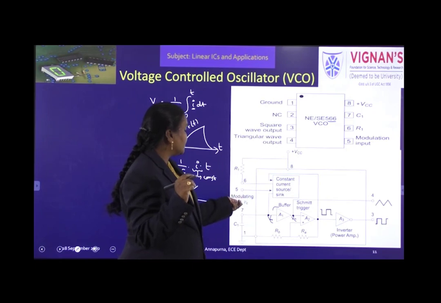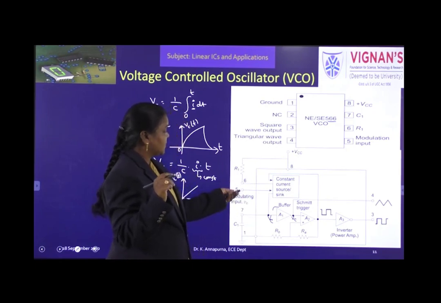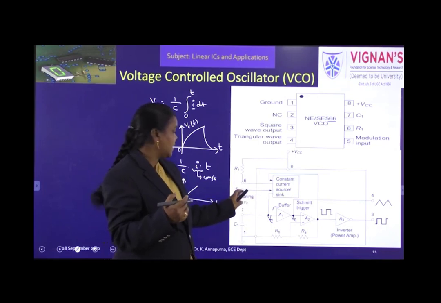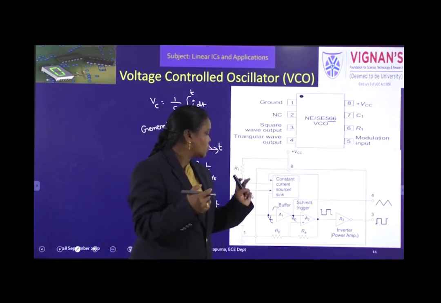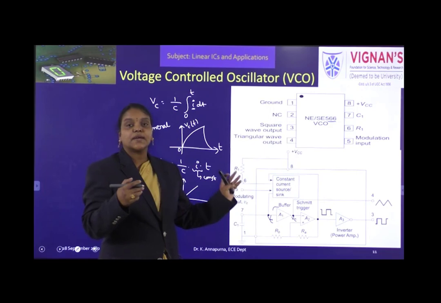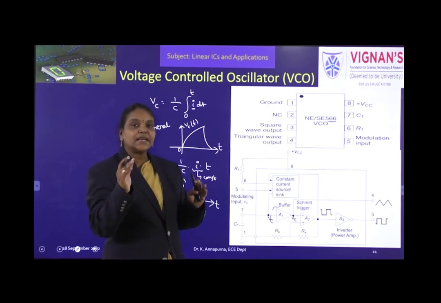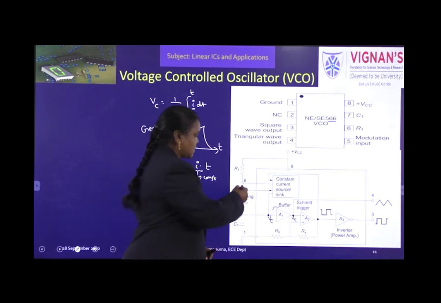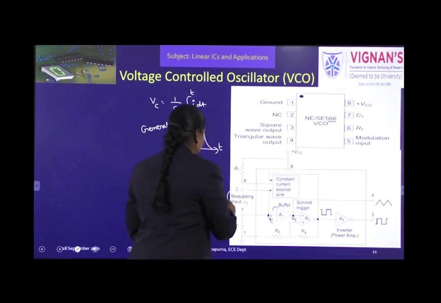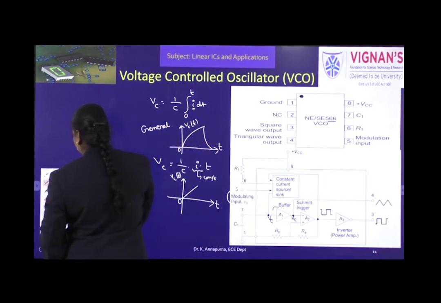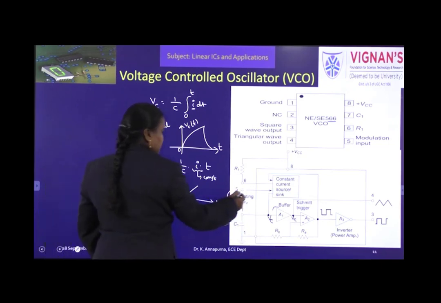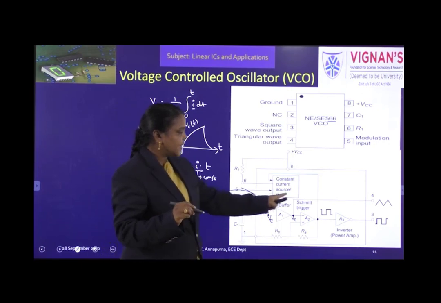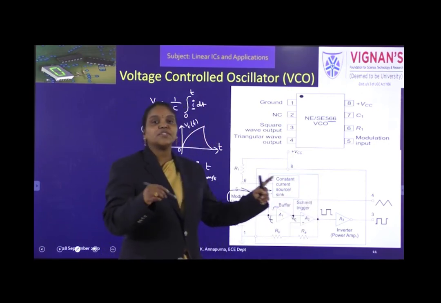This modulating input voltage can be set to any constant value, or you can give any value here. Based on these parameters, it changes. So based on the modulating input, its frequency of oscillations is changing.